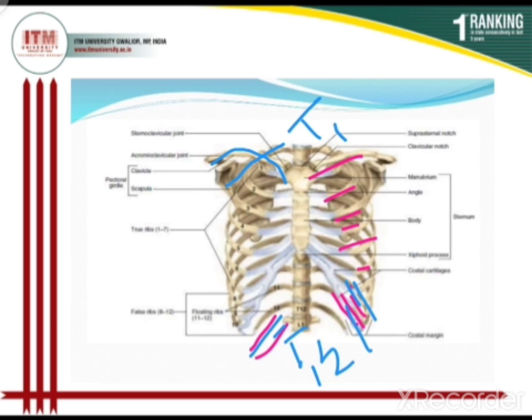So the whole sternum with manubrium sterni, body, gladiolus, and xiphisternum; the 12 pairs of ribs, in which 7 are true ribs and 5 are false ribs, including 2 pairs of floating ribs; the pectoral girdle bones like the clavicle and scapula; and the T1 to T12 thoracic vertebrae. So these are the bones of the thoracic cage.